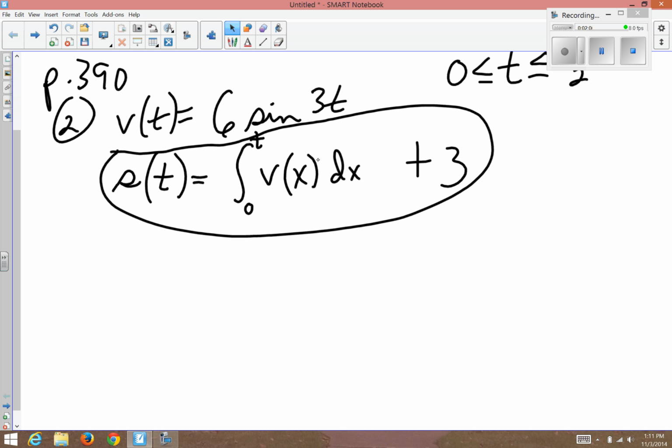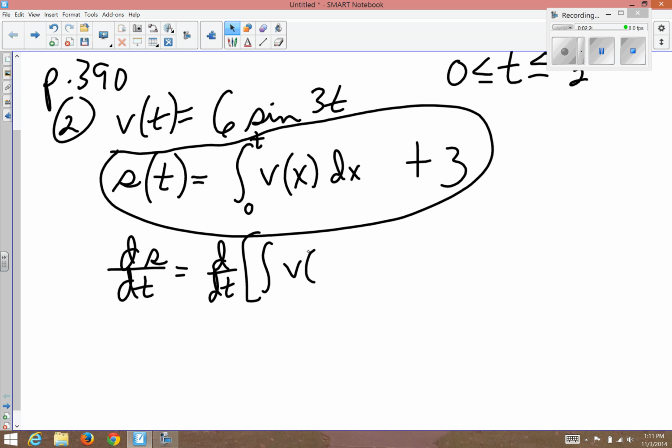This is correct because if we differentiate both sides of this equation, differentiate means take the derivative. The derivative of the left side with respect to time would be the derivative with respect to time of the right side. I'm calling the right side the integral of the velocity function of x from 0 to t. So ds dt. S is measured in meters and t is in seconds.